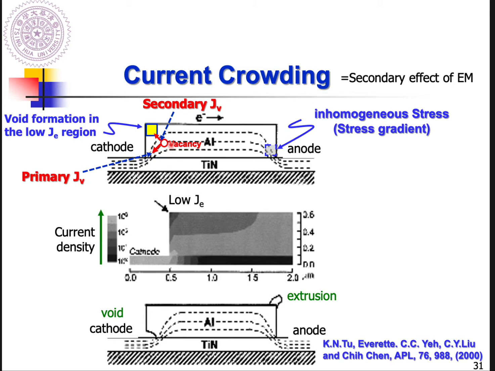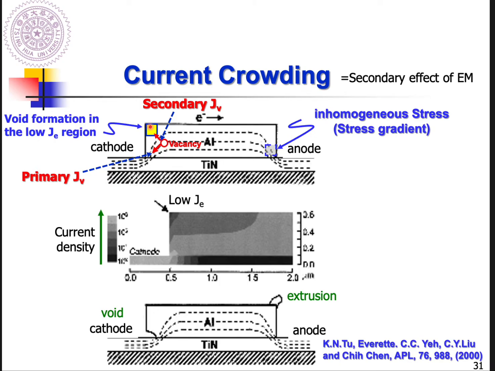V equals IR, right? So if I ask you about the potential of this vacancy, the resistance is almost the same, so we can put more focus on the current I. If the vacancy located here suffers the higher current density, it will have a higher potential energy.